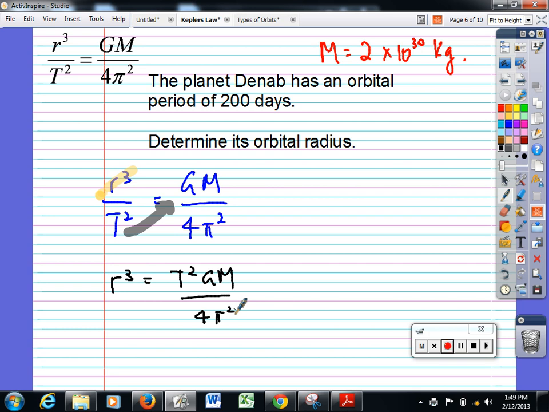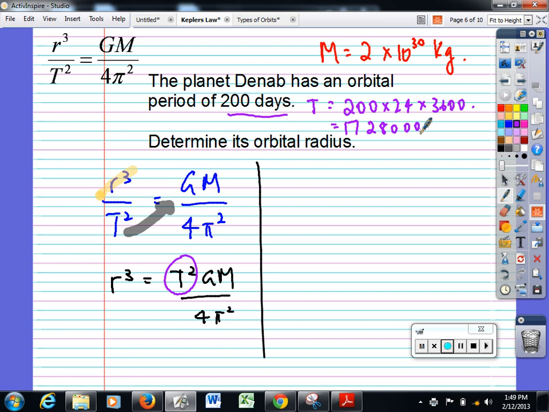A lot of people put the numbers in first and then try to move them. That's a bit hard. Shoving in the numbers, the first thing we need to put in is t, which in this case is given in days. So we convert it first into seconds: 20 times 24 times 3,600. What's that, please? 1,728,000.